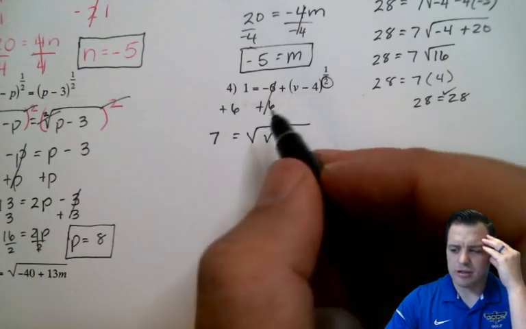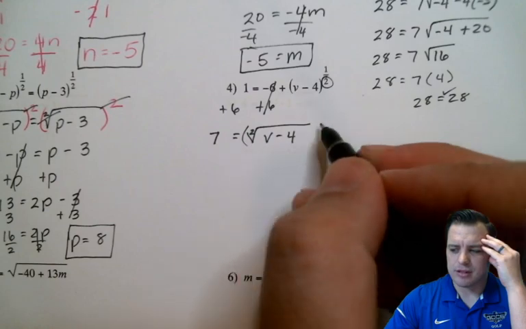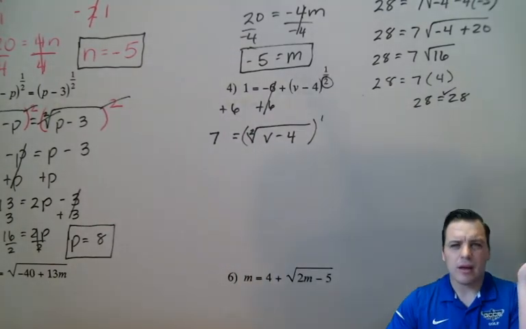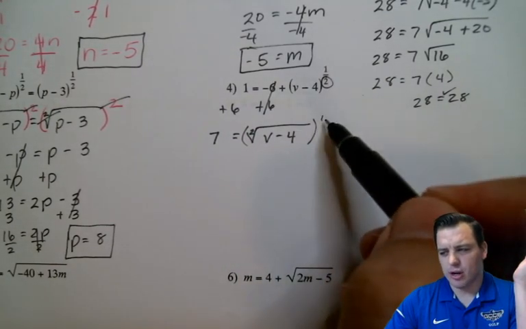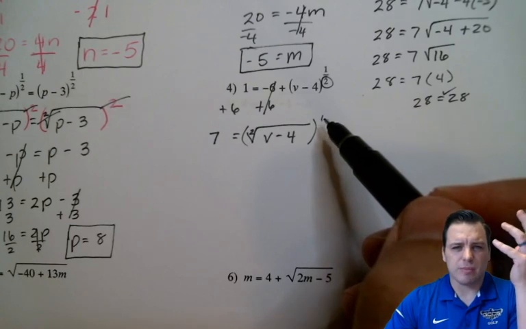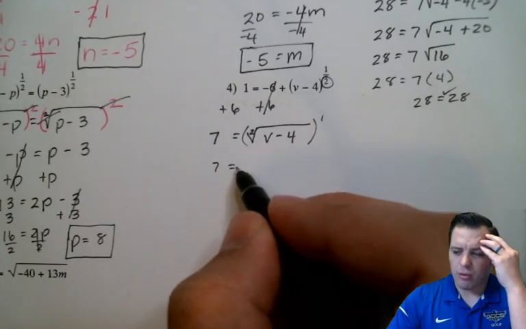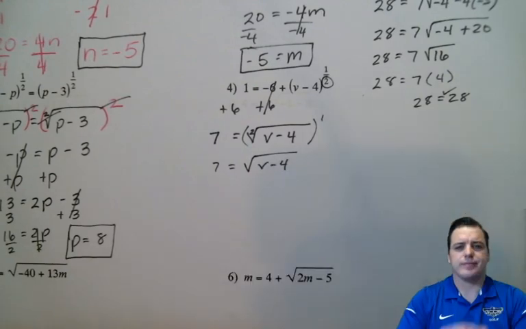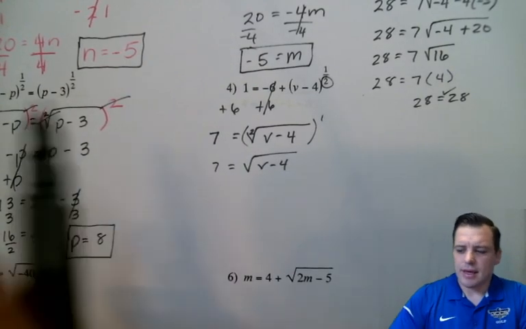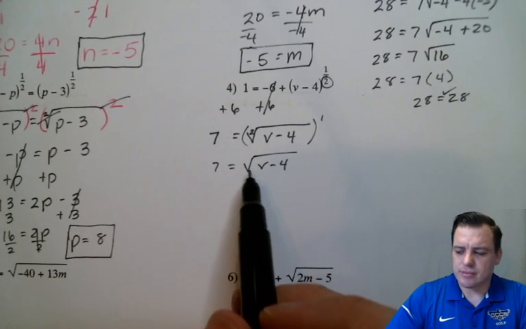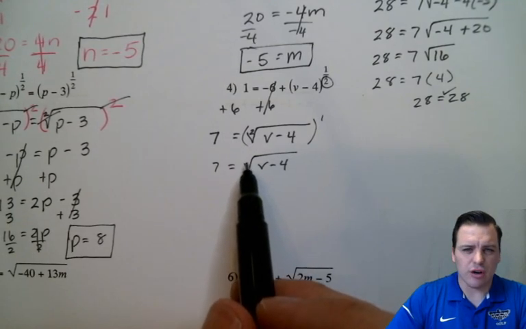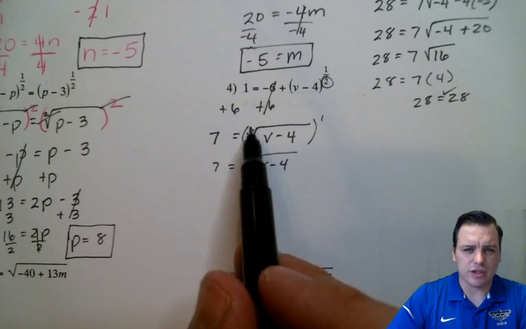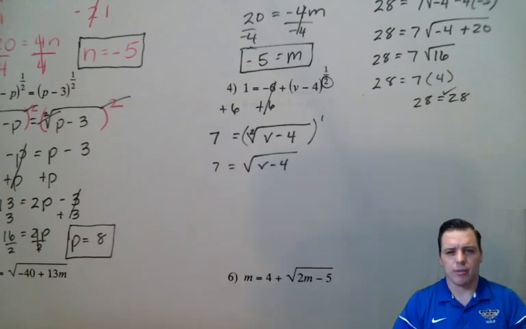Your denominator just becomes your index, and really this is all to the first power, and that's where you put your numerator. But since it's to the first power, we know that we can just write it as the square root of v minus 4. And it's universally known that if there's nothing there, there is a 2 there representing a square.